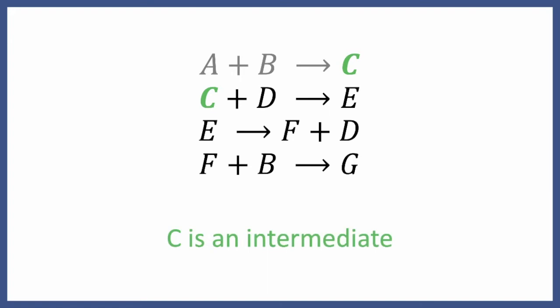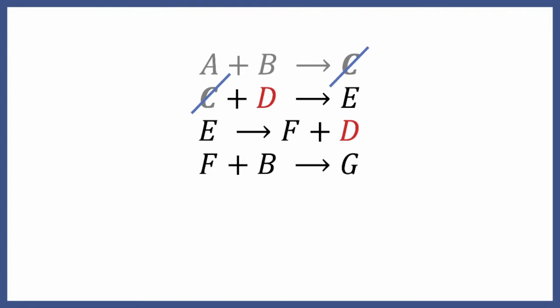C is an intermediate. Now let's look at D. We see that D is a reactant in the second equation, but in the third equation it is a product. So basically it was used up in the second equation but regenerated in the third. D is a catalyst.